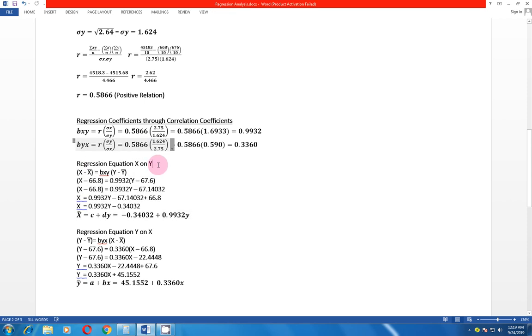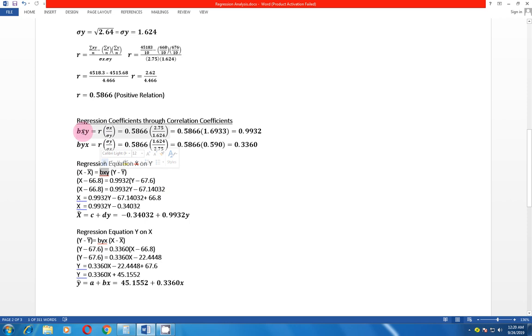So here the regression equation of x on y is x minus x bar equals beta x on y multiplied by y minus y bar. It is very easy to remember: if you want to calculate x on y, where the x variable depends on the y variable, then x minus x bar goes to the left of the equation, and y minus y bar to the right of the equation. So here we need beta x on y.